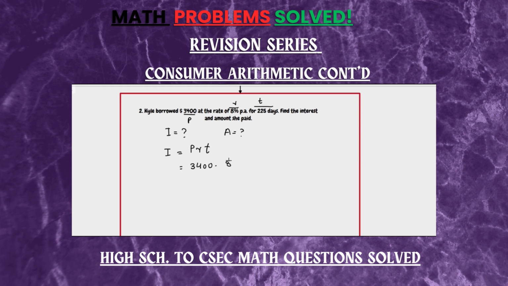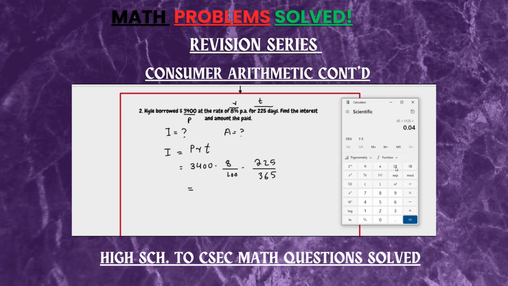PRT. What is P? That is 3,400. What is R? That is 8%. And T is 225 over 365. Because we had to convert the days into years, we already discussed we have to divide it by 365, right? Then we had to calculate the interest here.